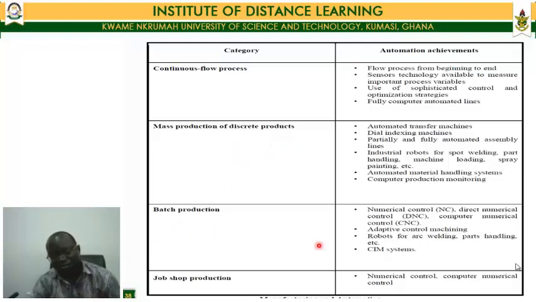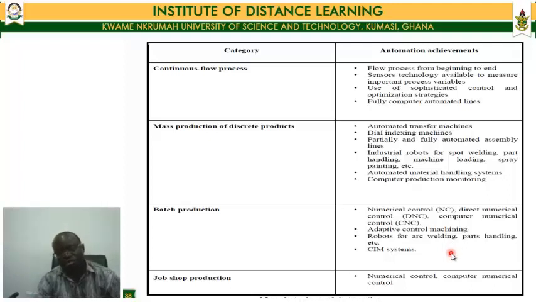Now, in batch production, you could have numerical control, direct and computer numerical control going on. We shall deal with these CNC and DNCs later. And then we have adaptive control machining, robots for arc welding, parts handling, and you could have what we call a computer integrated manufacturing system, which we will talk about as a whole unit subsequently.